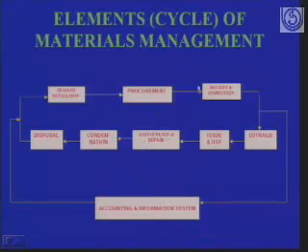Whatever deficiencies and wrong things have been done in this whole cycle of materials management, starting from demand estimation to the ultimate use, are to be evaluated regularly and used for our next cycle. So friends, this is how we go through the materials management cycle, and this is how we need to do it.